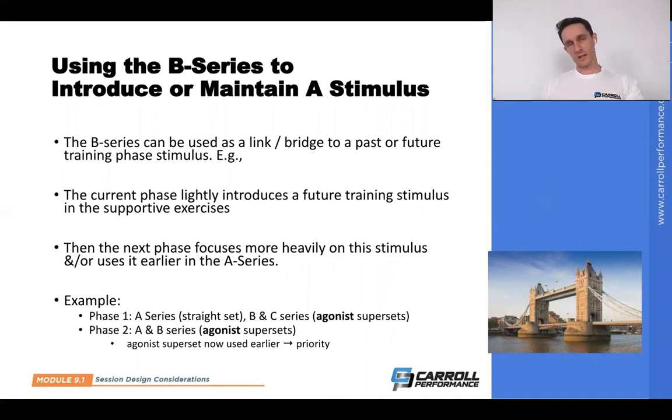And then in the next phase, we transition to using that in the A series and a better prioritization of that stimulus. And so that's what we're thinking about linking and bridging.